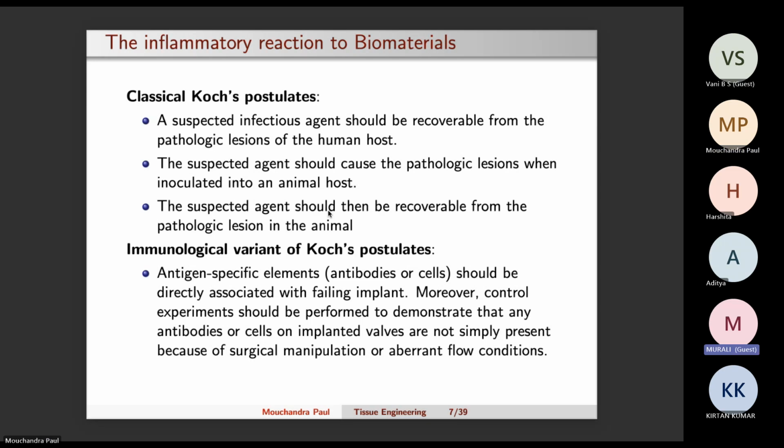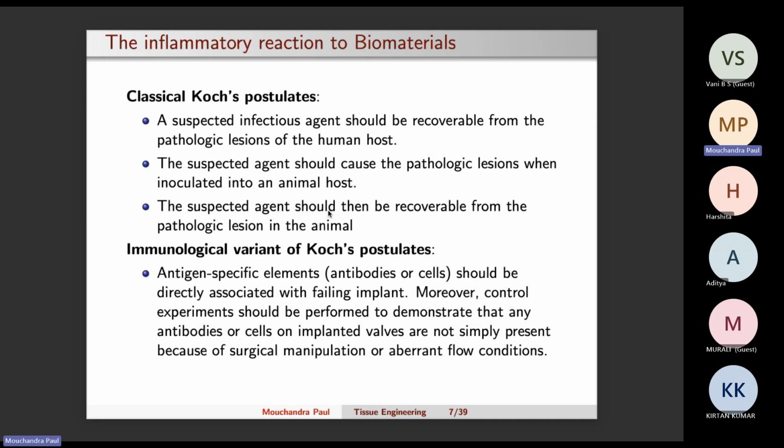All right. So now this is Koch's postulate, the classical Koch's postulate. Now we can adopt it for our purpose to understand whether the device has failed because of the presence of, say, macrophages or the mononuclear cells. All right. How can we prove that?